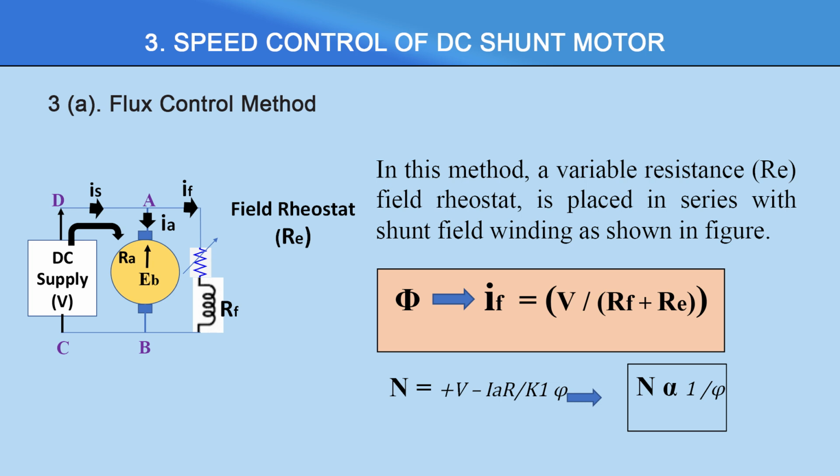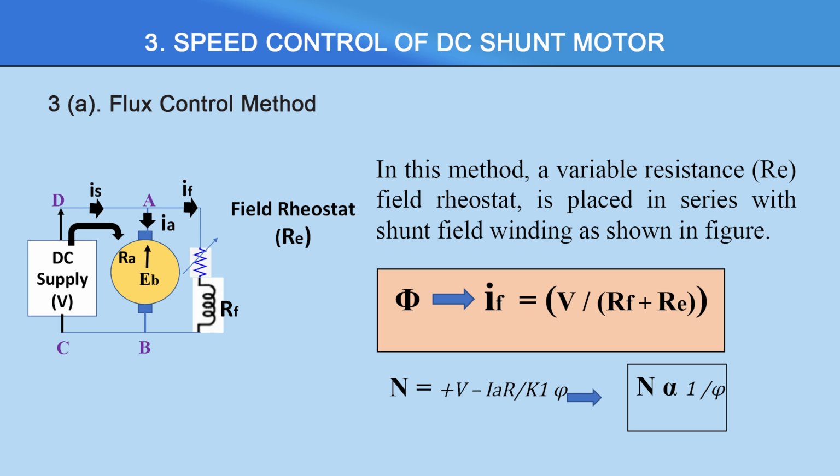Why is the IF value V upon RF plus RE? Because if we consider the current IF in the circuit diagram, this current IF is flowing through the field winding. I is equal to V upon R, a very simple formula. What will be the voltage across this field winding? The voltage across this field winding will be the supply voltage, because the three branches are connected in parallel.